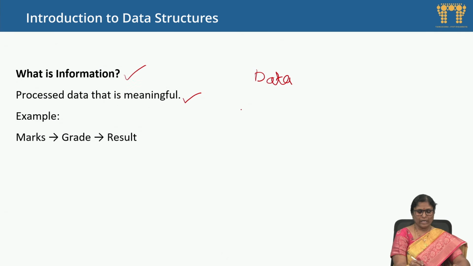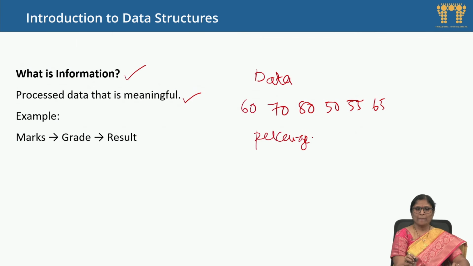Suppose you take the marks of a particular student in 6 subjects: 60, 70, 80, 50, 55 and 65. When you process this data, you can generate the percentage. The processing of this data gives you information, that is, you can calculate the percentage of a student.